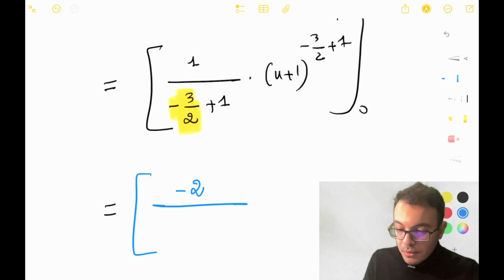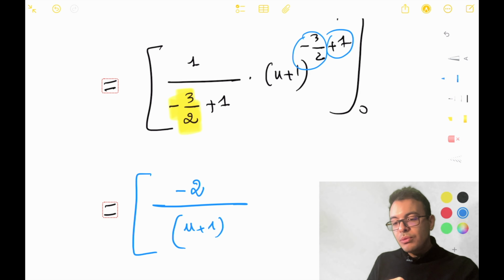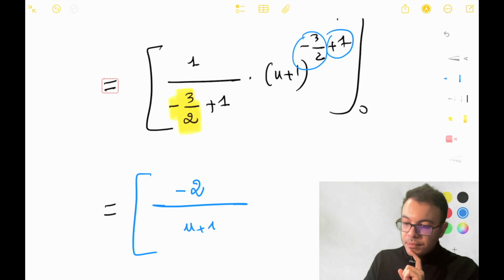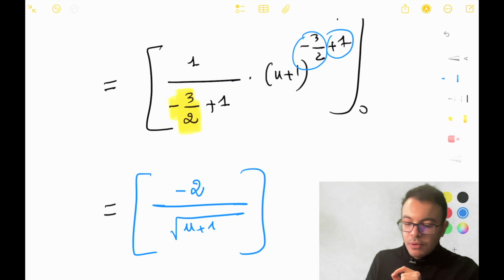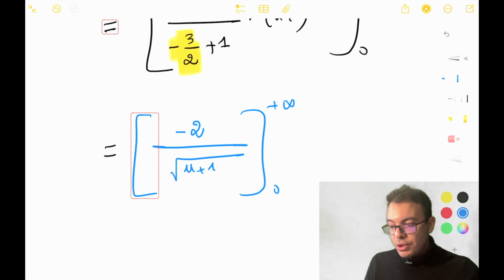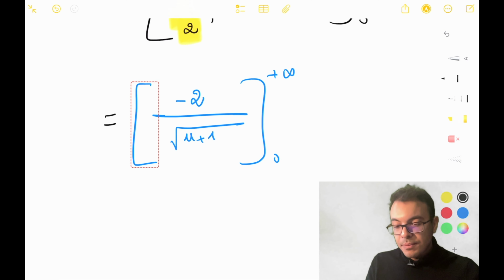And here we have (u plus 1) to the minus 1 over 2, so it's the square root of u plus 1. And this expression is going to be calculated between 0 and plus infinity.